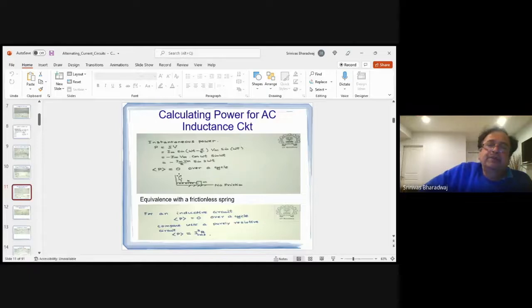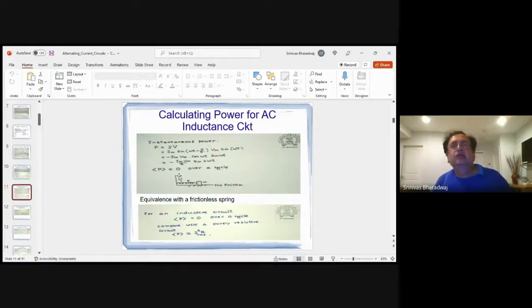Why is that? Because you have sine omega t, and the other one has a phase lag, so it is cos omega t. So sine omega t times cos omega t is sine 2 omega t. It's not sine square, right? Sine 2 omega t. So that will be another sine curve with twice the frequency, right?